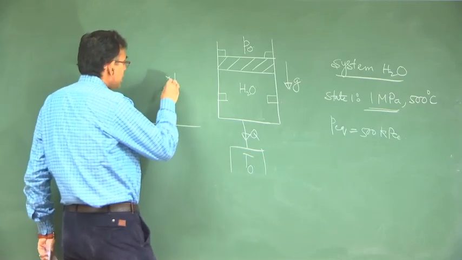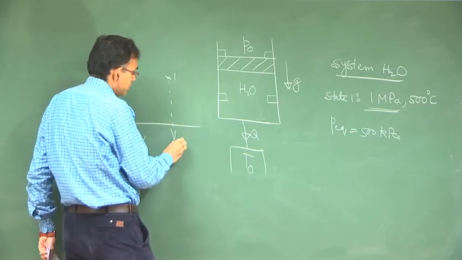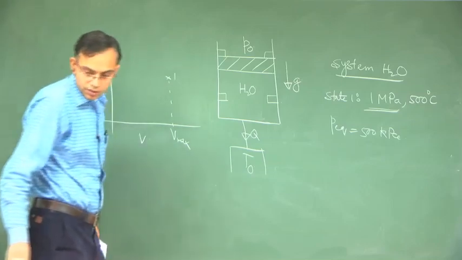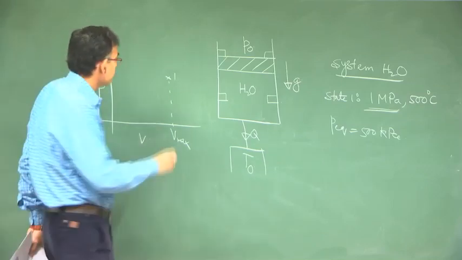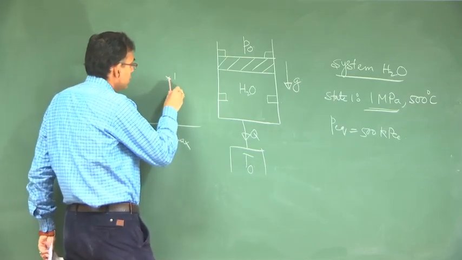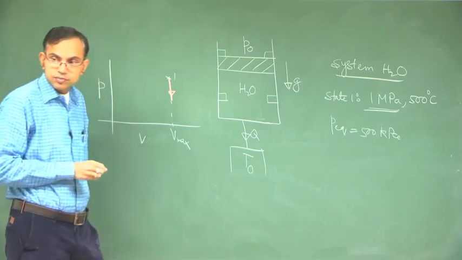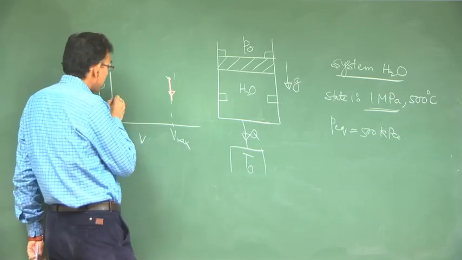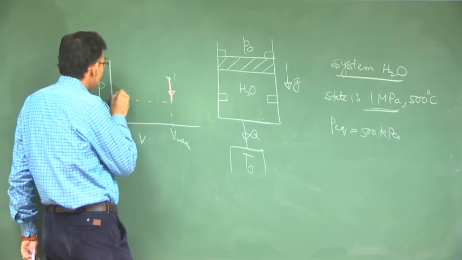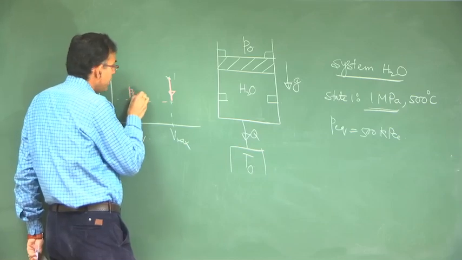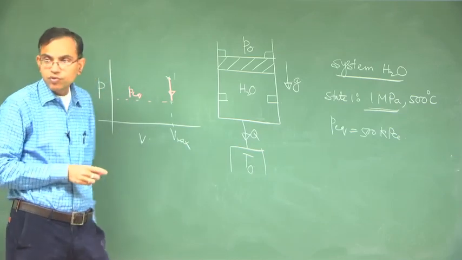So, this is your Vmax. In this Vmax state, it remains like this. Then when the pressure has become 500 kilopascal, that is P equilibrium, then it starts moving.